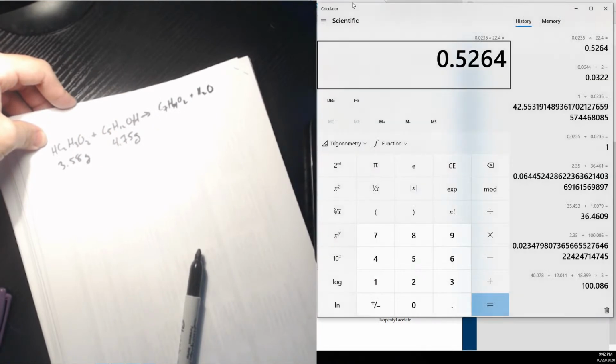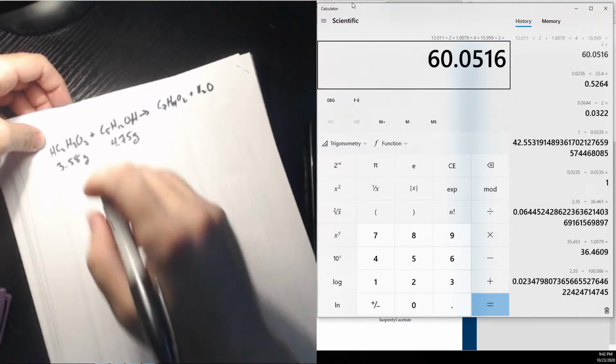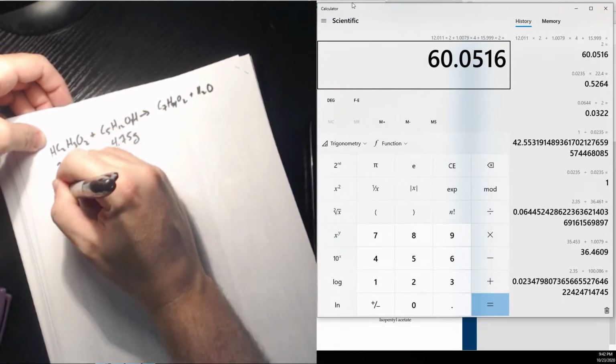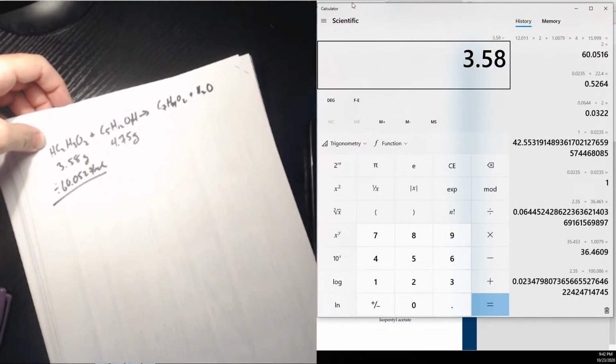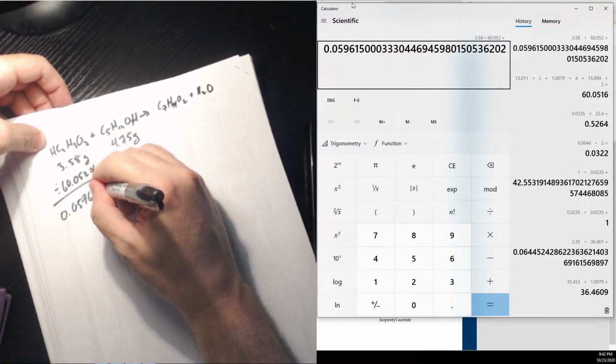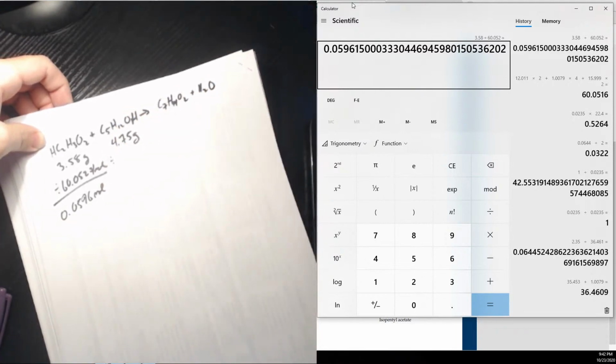Molar mass of acetic acid. And the molar mass of our isopentyl alcohol.